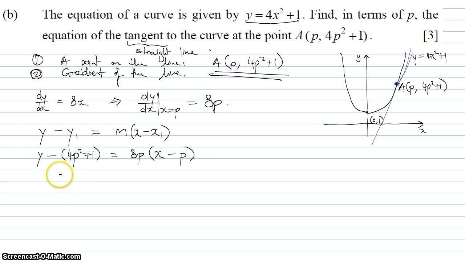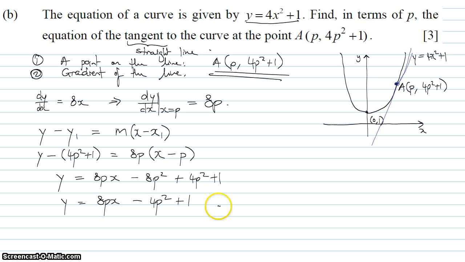Rearranging that, I get y equals 8px minus 8p squared plus 4p squared plus 1. So y equals 8px minus 4p squared plus 1.